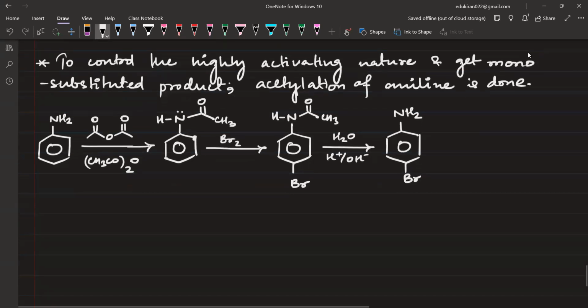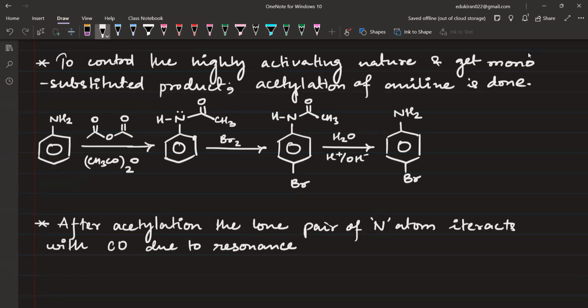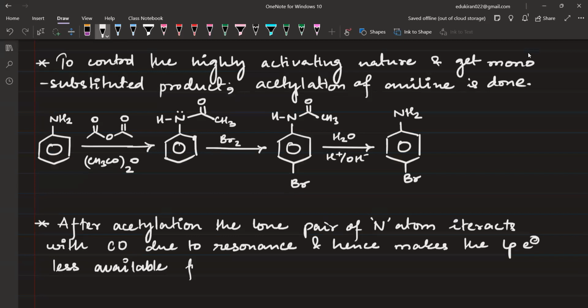Now, when we are doing the acetylation, what is happening actually, and why is it decreasing the reactivity? तो इसको लिखिएगा, after acetylation the lone pair of nitrogen atom interacts with CO due to resonance, and hence makes the lone pair electron less available for benzene.